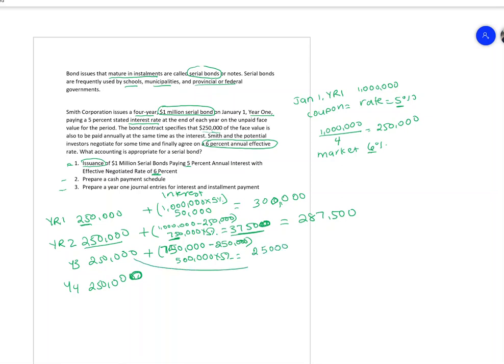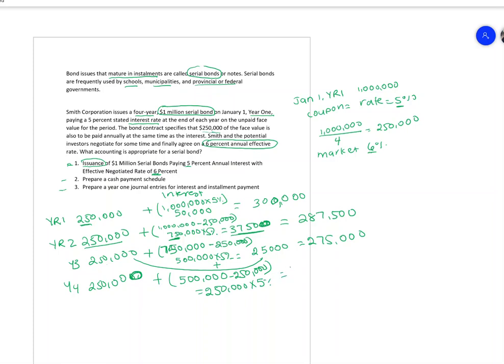The payment I'm going to make at the end of the year is 250,000 principal plus 25,000 interest, so a payment of 275,000. Then we go to our last year. Our face value for our serial bond is 250,000 remaining, and we're making the last payment of 250,000. Then we have to calculate the interest at 5%.